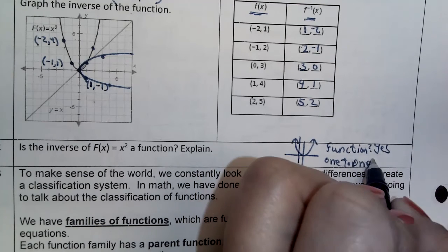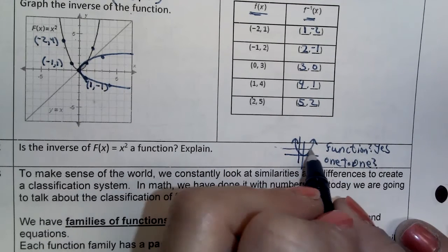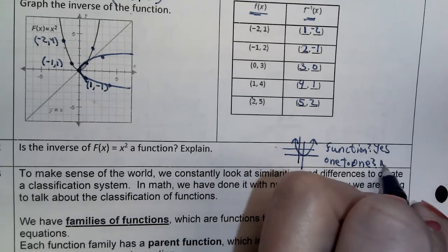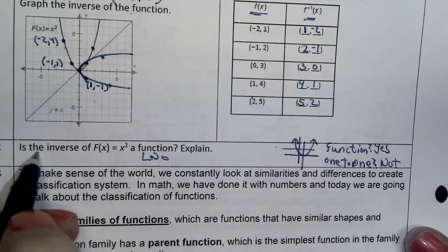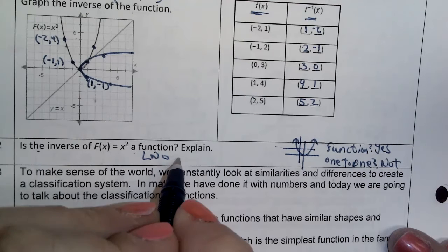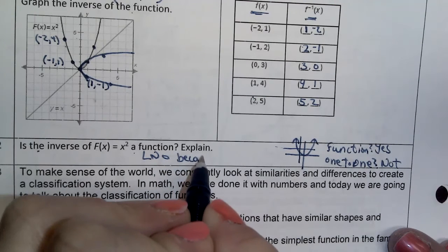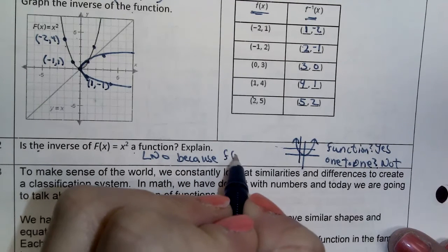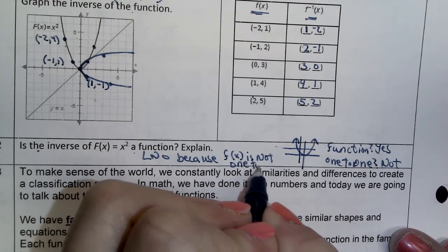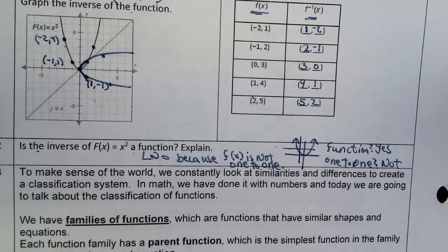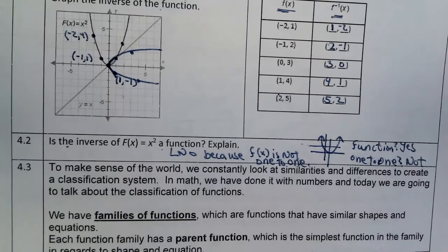It does not pass the horizontal line test, so it is not 1 to 1. So no, our inverse is not a function because f of x is not 1 to 1. Okay, and that's it for chapter 4, section 2.